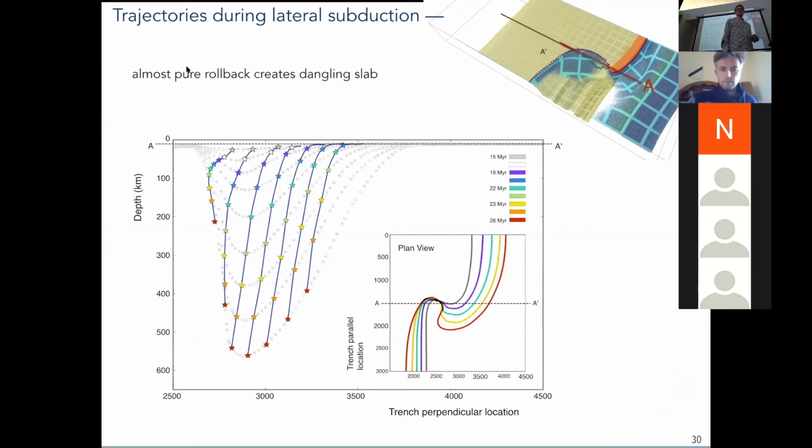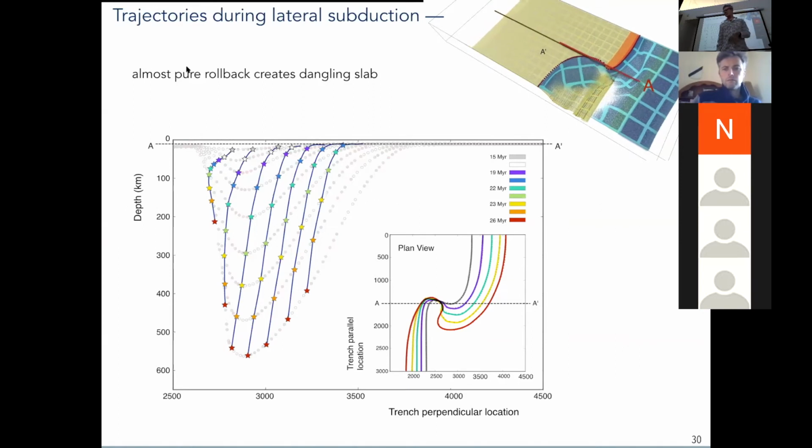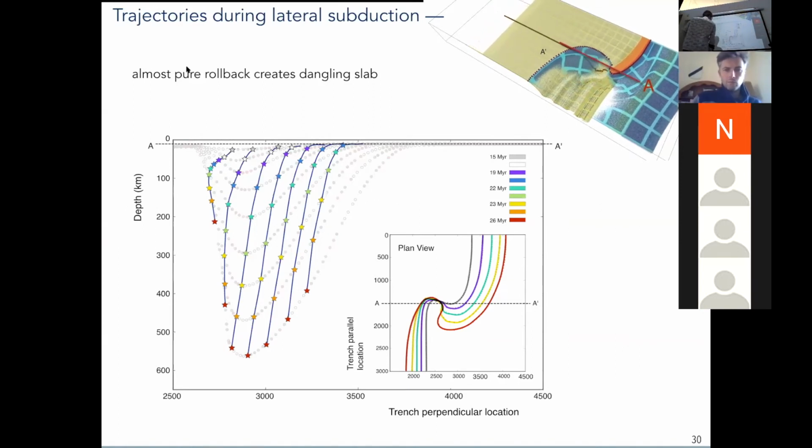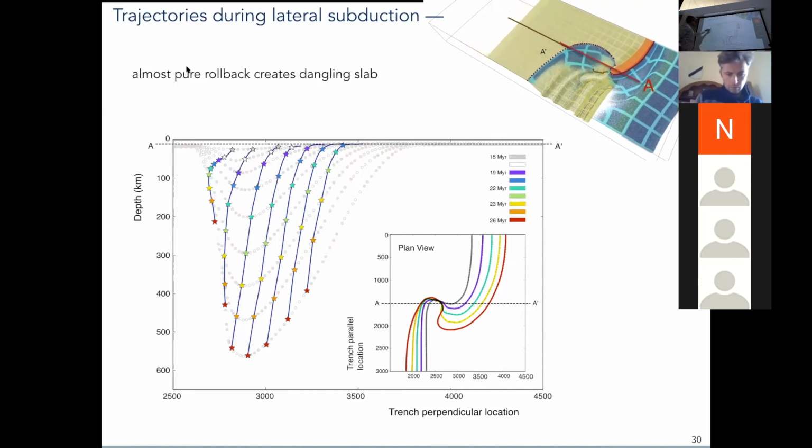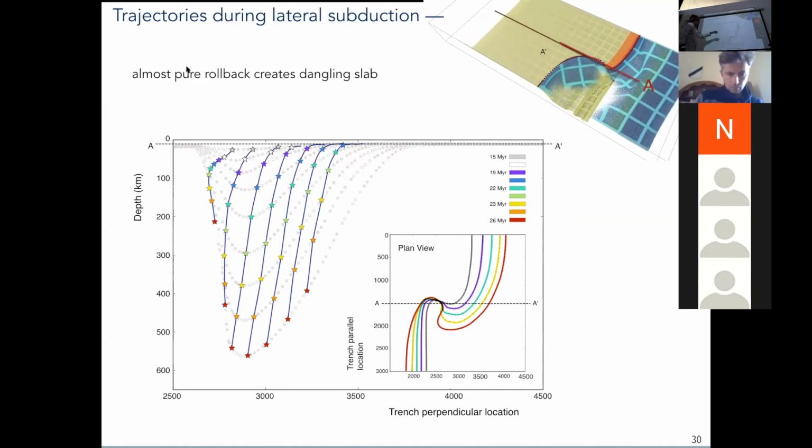So yeah, you can look at the movie if you want to and pick the trajectories of individual parcels of material. That's along that AA prime that I wrote in the movie here. It's off the top somewhere, I don't know. But anyway, that's along this path, and this is through time what the particles are doing.